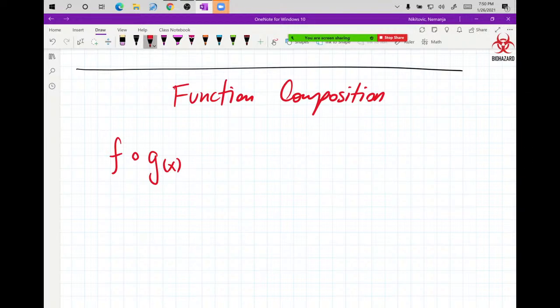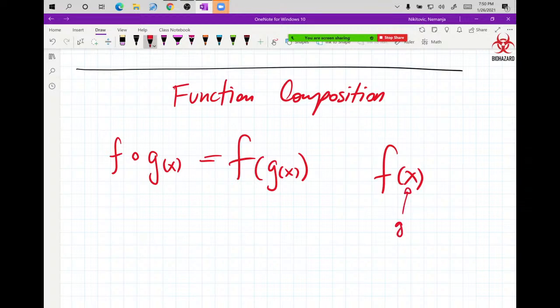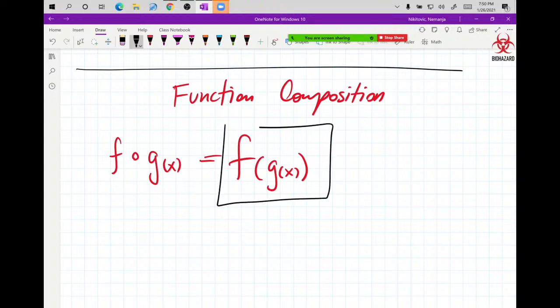Another notation is f and the g is plugged inside. You know how you write f of x? Well, now you don't write x. You write g in there. So now I hope that this particular notation here, which is what we primarily use, makes it clear that you are plugging the entire function g inside function f.